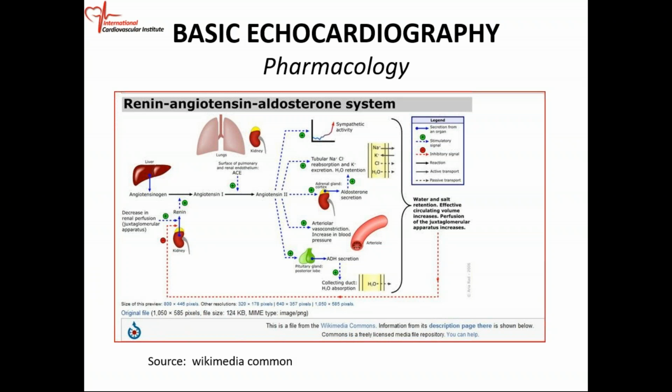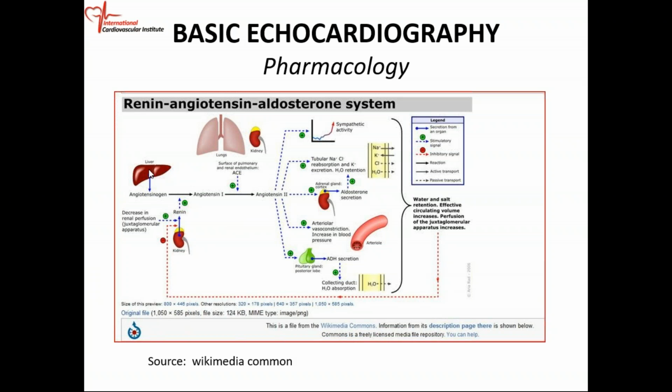Again, it has been shown that most hypertensive individuals have too much angiotensin circulating, and angiotensin, when it interacts with the blood vessel, causes it to constrict and send the pressure up. So if we can reduce angiotensin, we can reduce blood pressure. Reasonable. So this is the step to produce angiotensin.